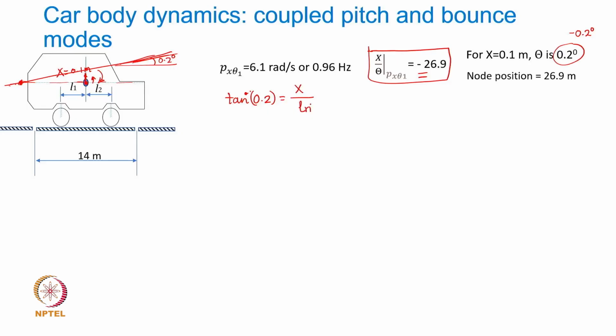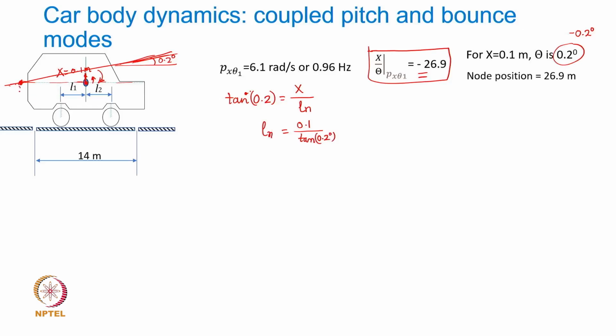Okay, now what is capital X? We have displaced it by 0.1 unit, and I want to find out this distance ln. So this is 0.2 degrees, and that is my ln.